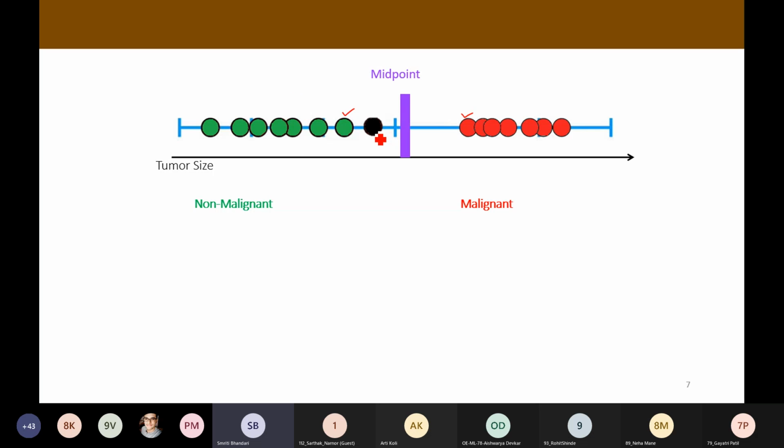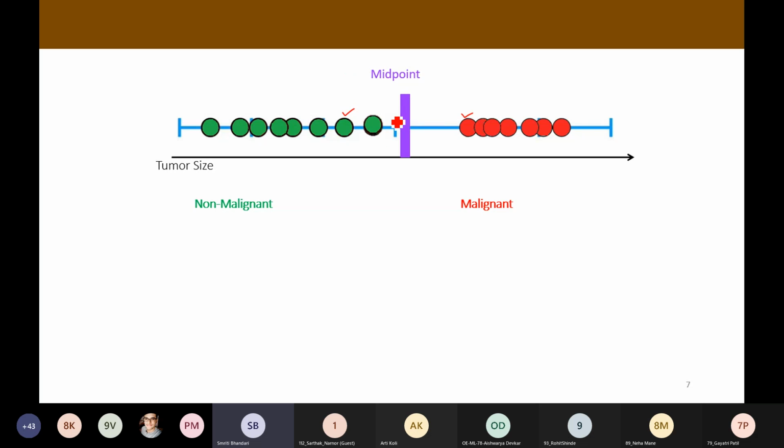If I now have this test sample, the same test sample that we saw earlier, which was classified as malignant when the threshold was somewhere here, now we have changed the threshold with some criteria, and the same sample is being classified as non-malignant.